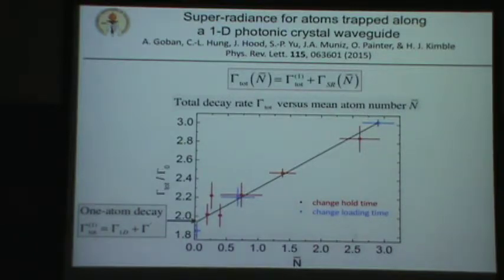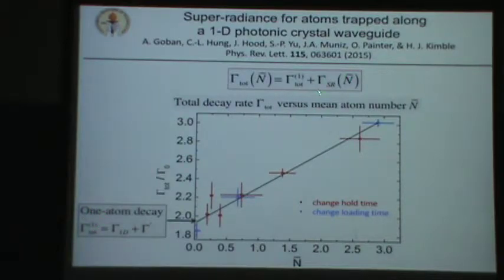There's just no background. We're not able to load exactly one atom yet. But when there is an atom there, and only one, because mostly there's 0, we get some decay rate which is just gamma 1. And that's this total rate.